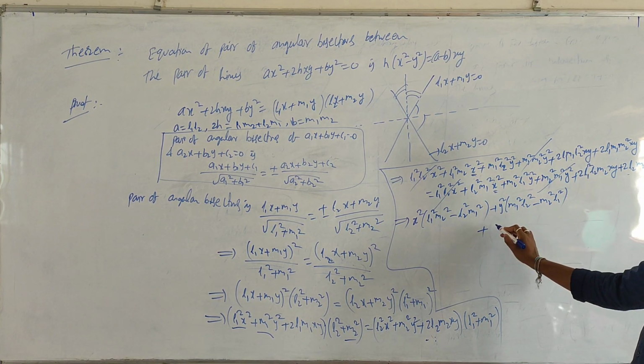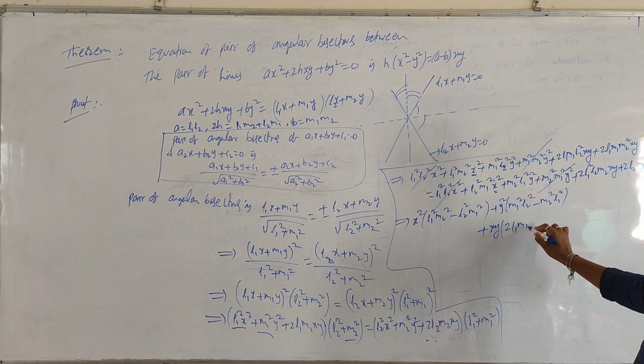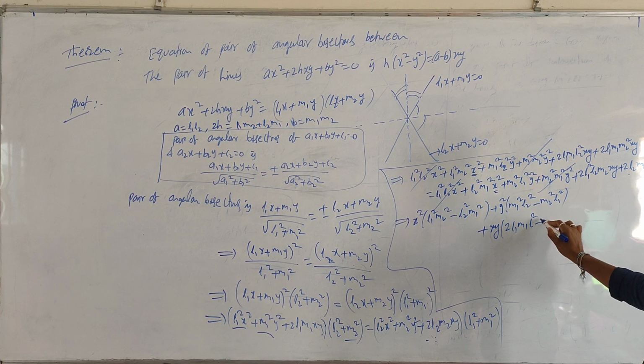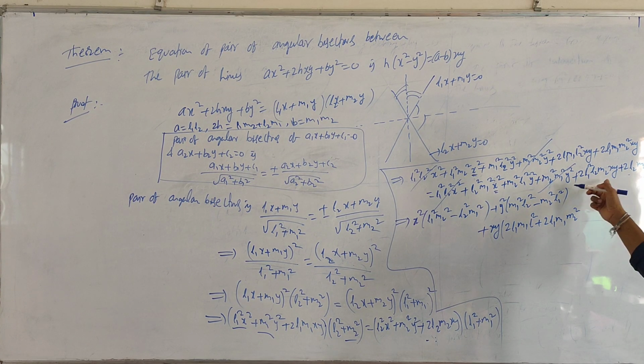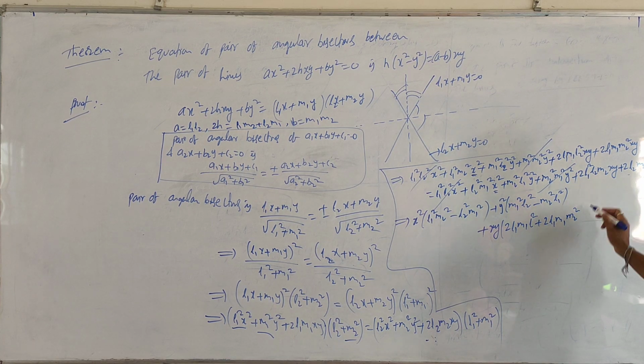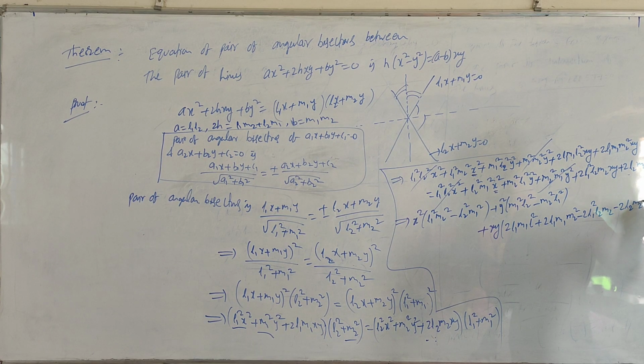Plus, if you take xy common, 2L1 M1 L2 square plus 2L1 M1 M2 square. Next, transposing this from the left side, this is minus 2L1 square L2 M2, and this is minus 2L2 M2 M1 square, is equal to 0.